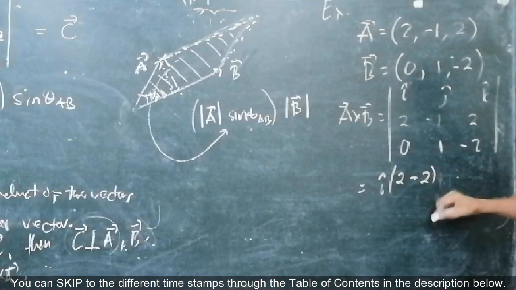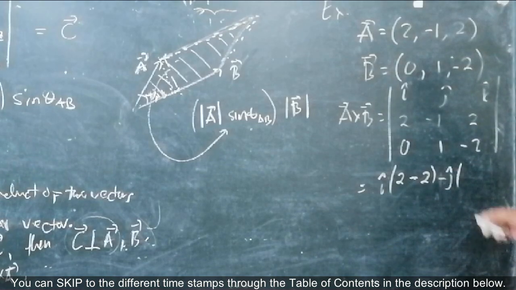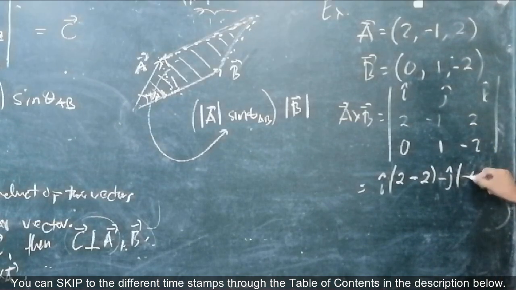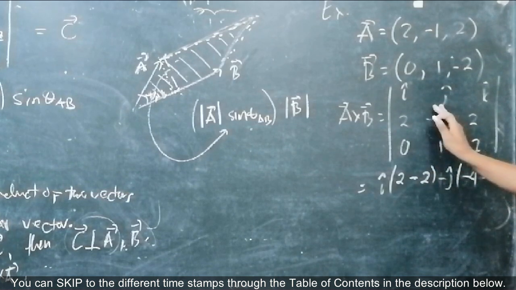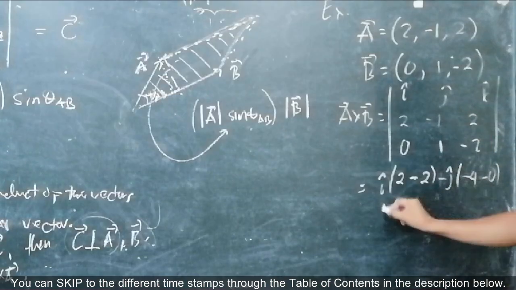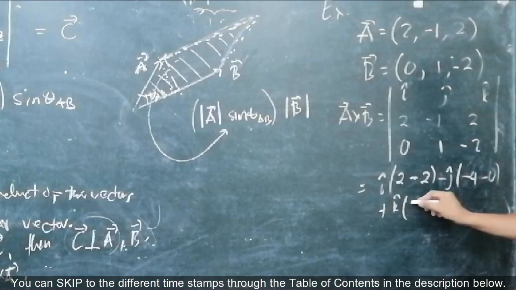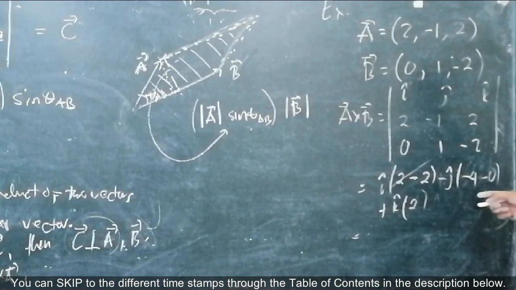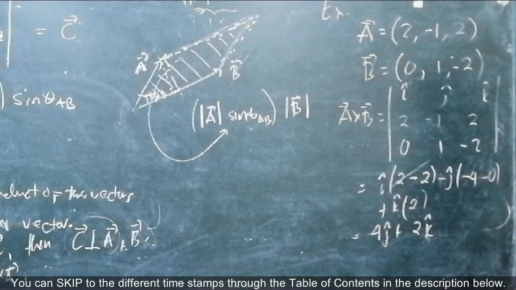Minus j times, this is negative 4 minus 0, plus k hat times 2 minus 0. So, 2. So, this is 0i, plus 4j, plus 2k hat.